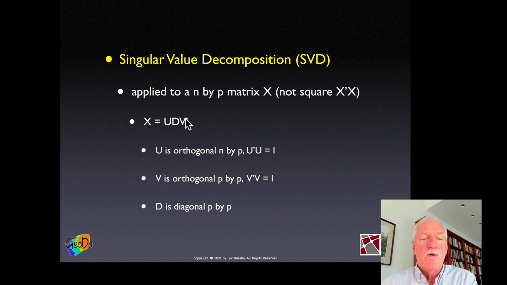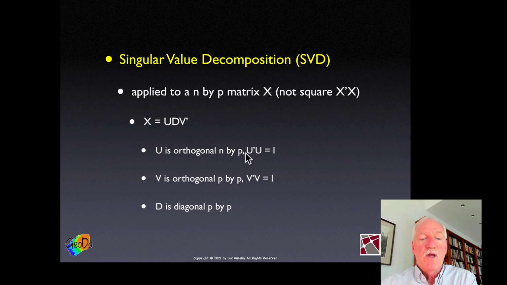The matrix V is the same dimension as the number of columns, the matrix D is also square with the same dimension as the number of columns, and the matrix U is of the same dimension as the original data set, the original n times p matrix X. What's special is that both U and V are orthogonal.